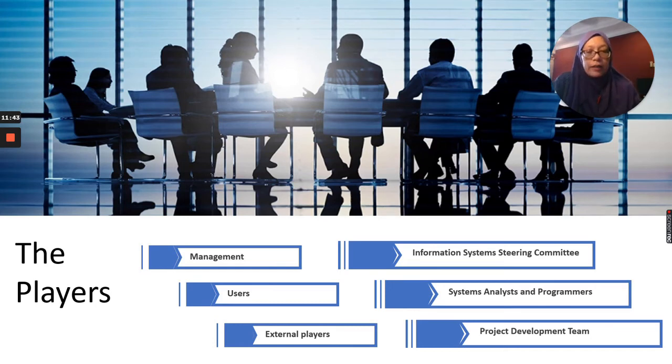Then the second players, of course, are the users, because the users are the ones who are going to use the system. So the AIS users will need to communicate their information needs to the system developers.